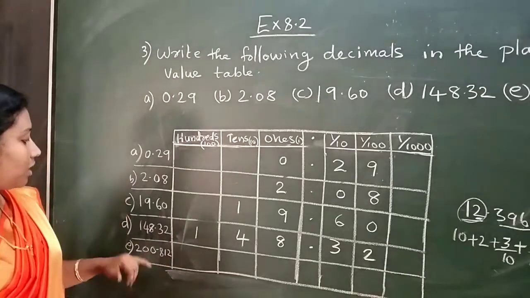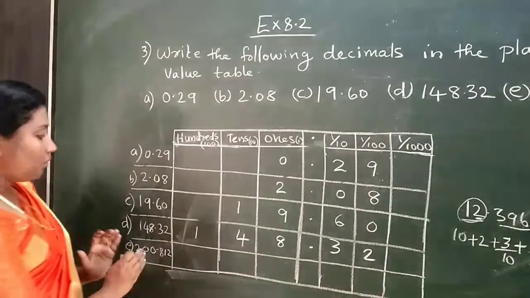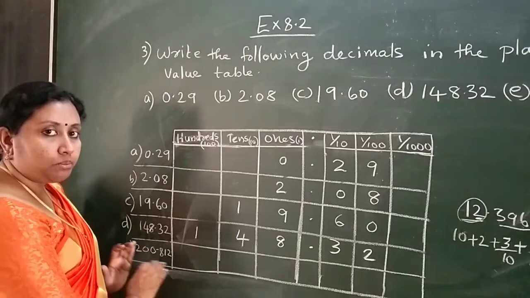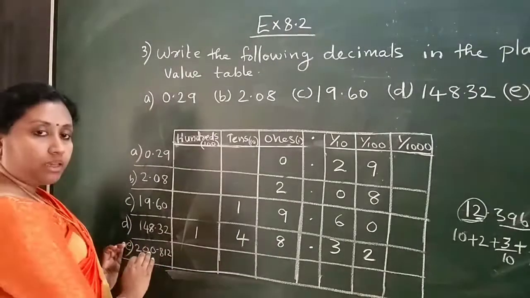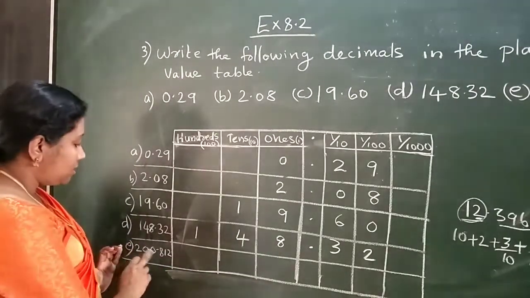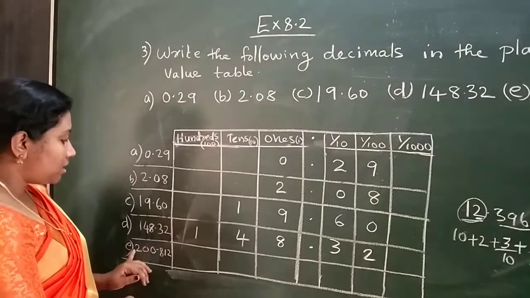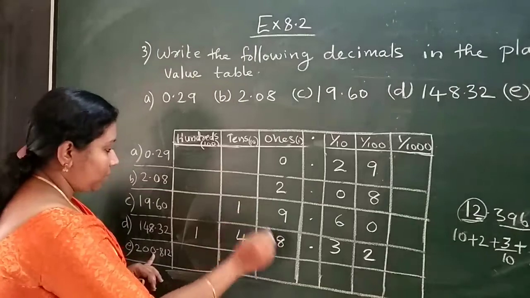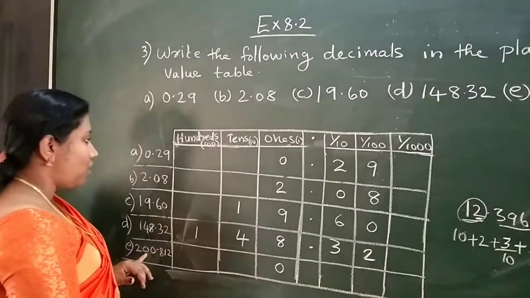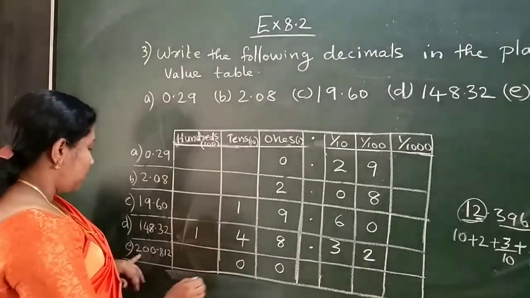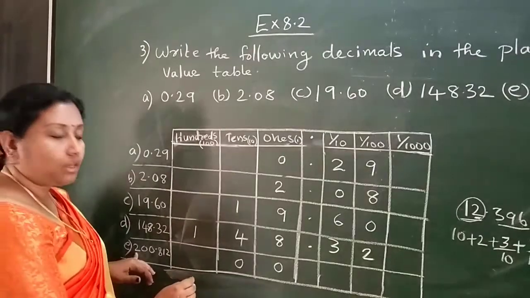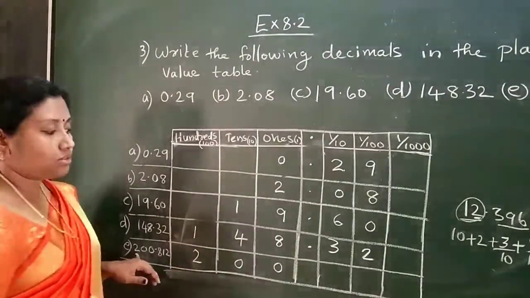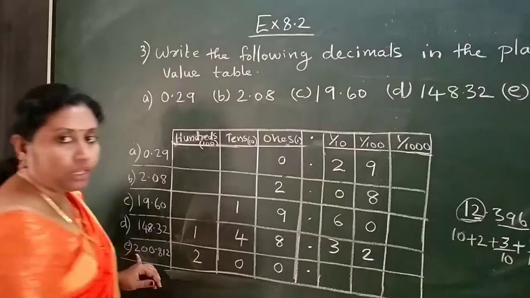Okay. Then your last question, in the whole number part and decimal part, in both cases, here 3 digits are there. In that case, in 200, what is the place value of 0? Ones. 0 ones and 0 tens. Then how many hundreds are there? 2 hundreds are there. So then you put one dot here.